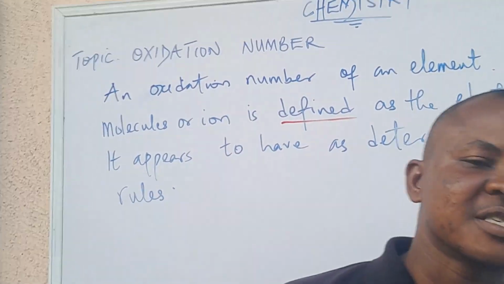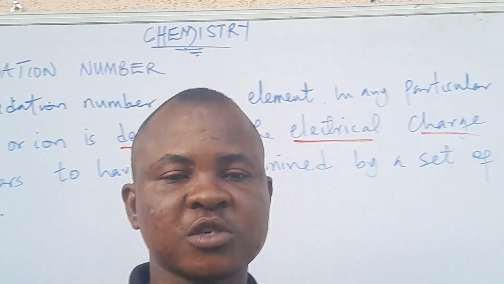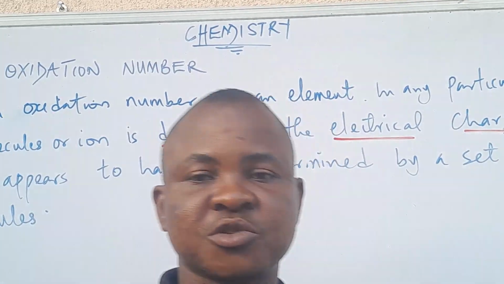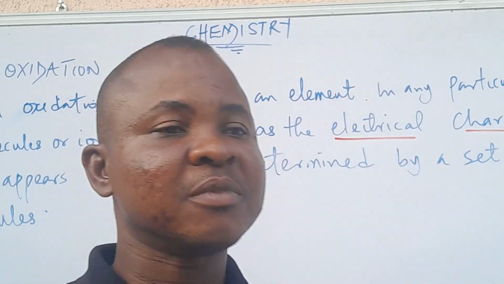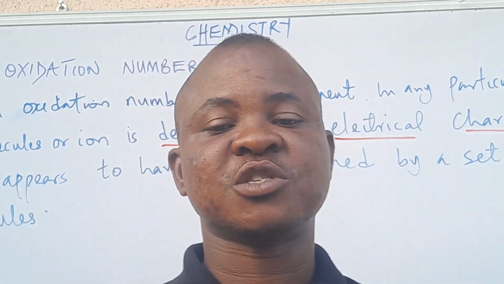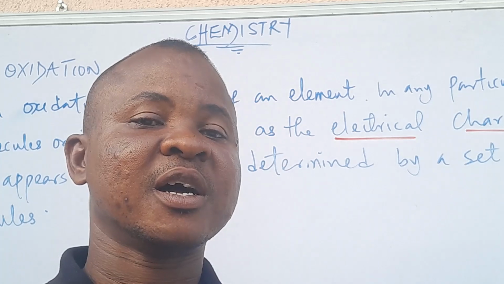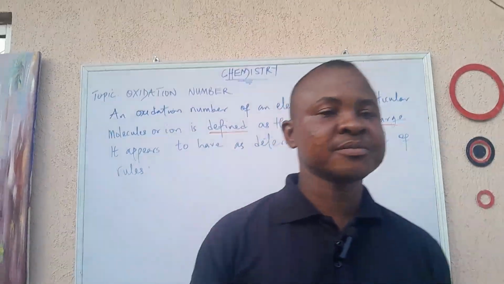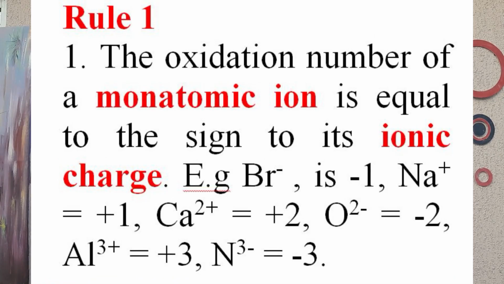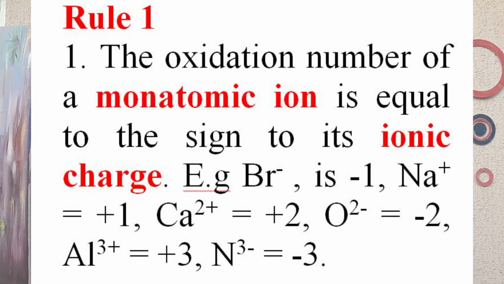There are rules that govern the determination of oxidation number, and I will be giving you such rules. After this, I believe there will be no problem determining the oxidation state of any element in a compound or in a radical. Quickly, what are the rules? Rule number one states the oxidation number of a monoatomic ion is equal to the sign of its ionic charge.